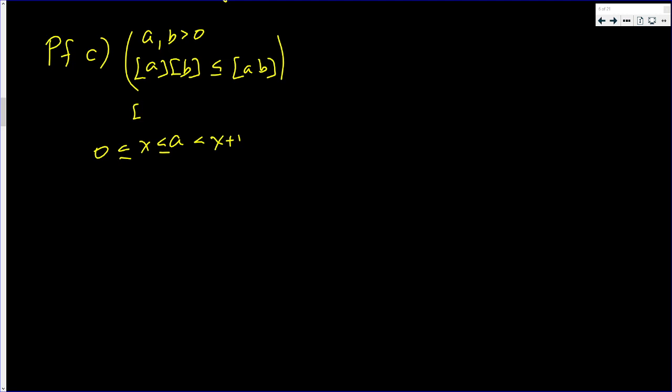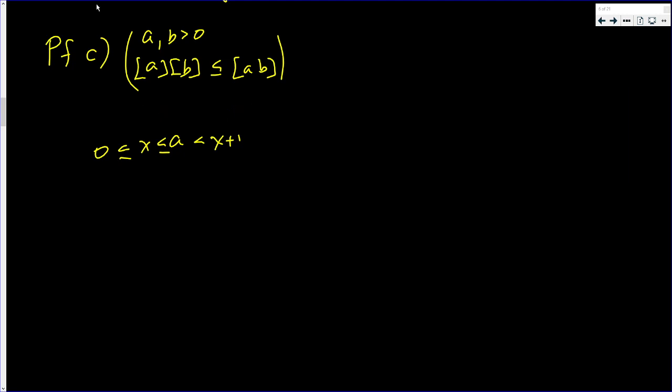Well, if a is positive, but it's a small positive number, the greatest integer of it is 0. That is, 0.2 is in between those two numbers. It can equal the left one.